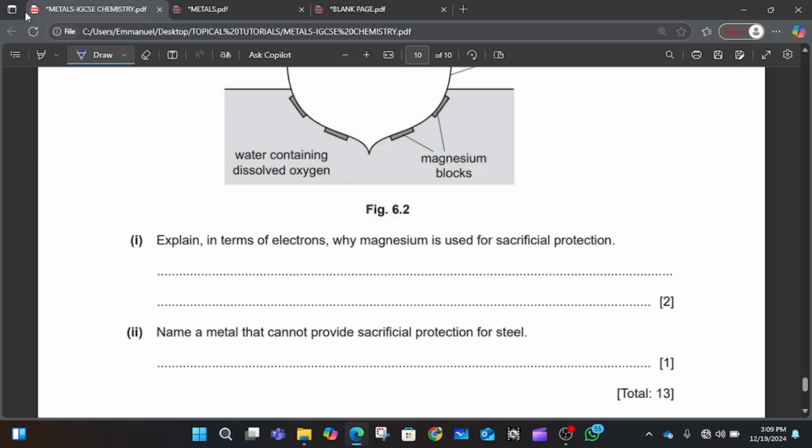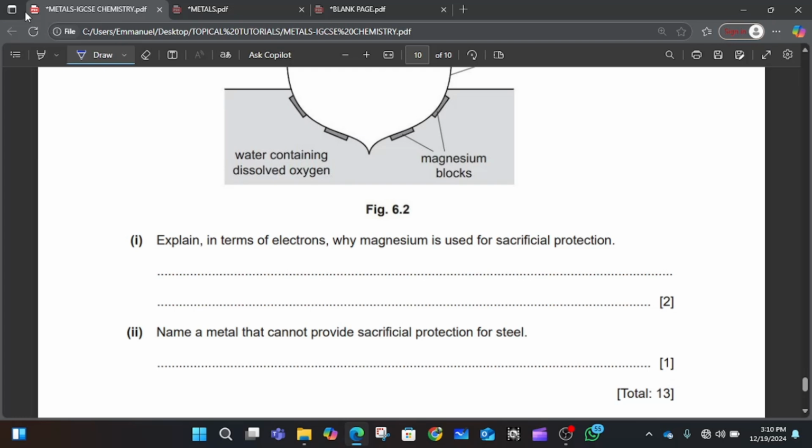So in sacrificial protection, a more reactive metal is placed on the surface of a less reactive metal so that the more reactive metal will oxidize first. Oxidize means it will corrode first, thereby protecting the less reactive metal beneath it. Oxidation also means the loss of electrons.